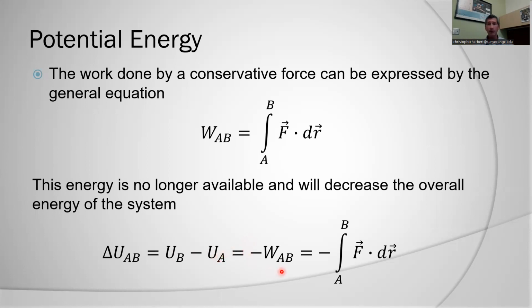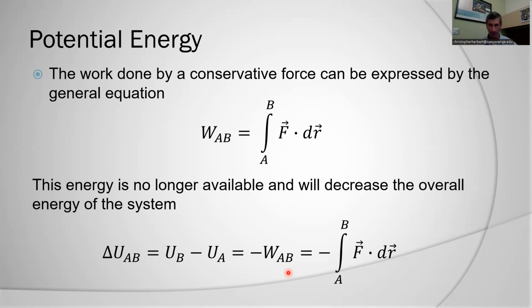And that is equal and opposite to the work that the field or force will do on that object going from point A to point B. So it's not as complicated as it sounds. As work is being done, I'm losing potential energy. And if I do work on something to raise it in a conservative field, my potential energy will go up.